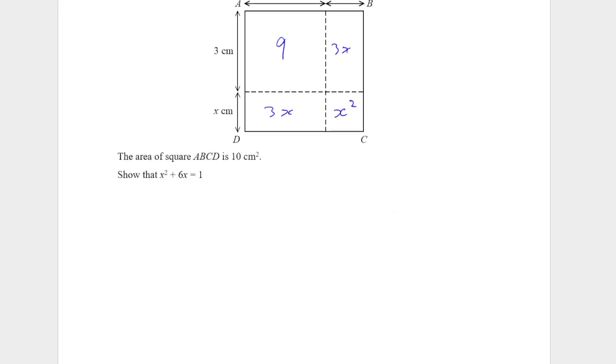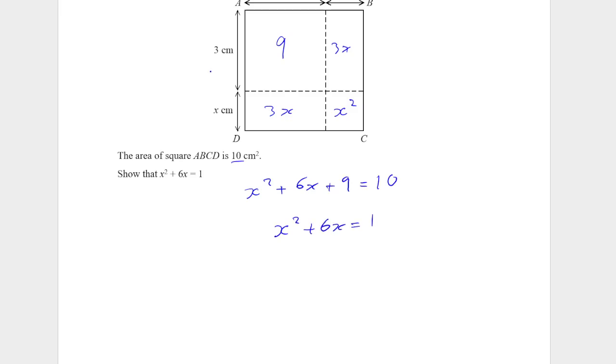So that's the way we can multiply it out. If we then tidy that up, x squared plus 6x plus 9 is equal to the area, which we're told is 10. Then if I minus 9 from both sides, I get x squared plus 6x is equal to 1, which is what we're asked to show.